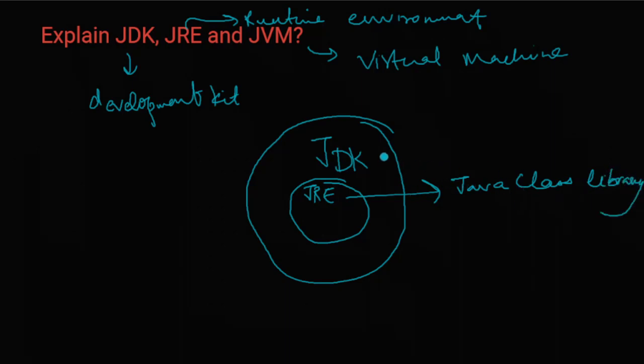The JDK also contains the tools, such as javac, the Java compiler, and in the runtime environment, you have the JVM. So you can see that the JVM is the innermost part, then we have the JRE, and then the JDK.